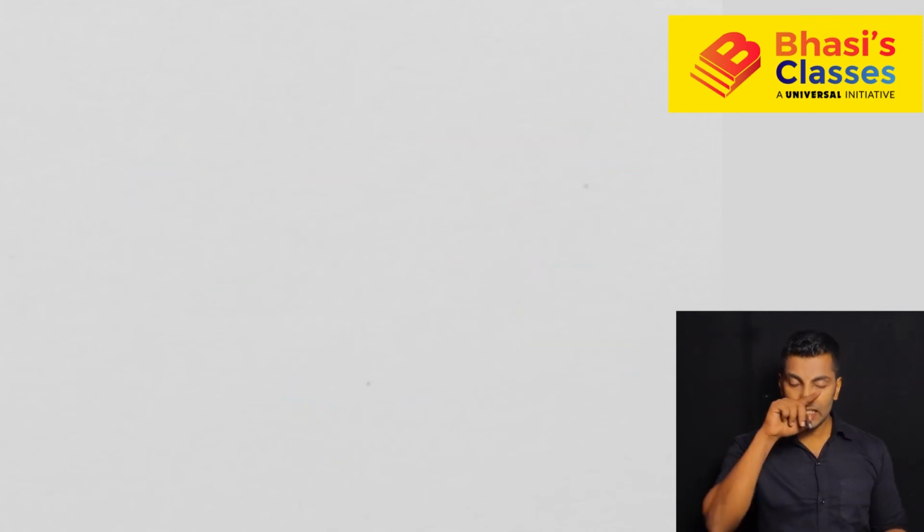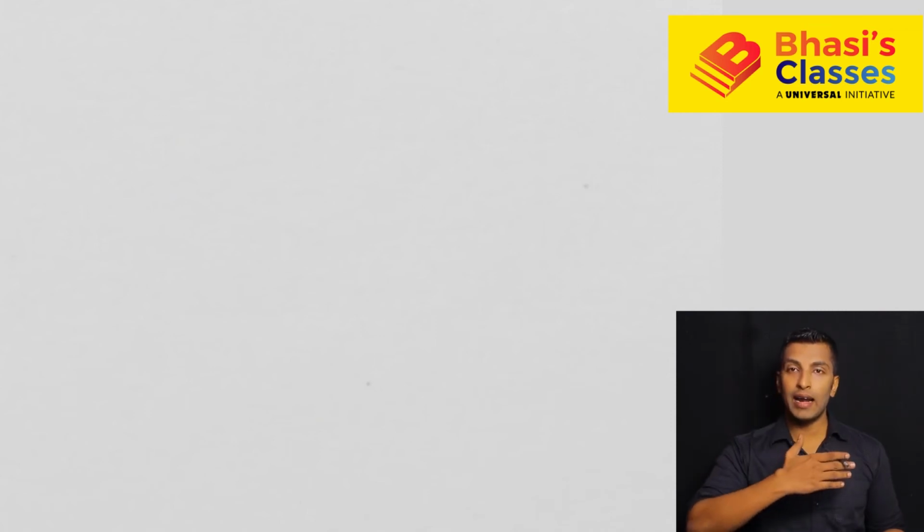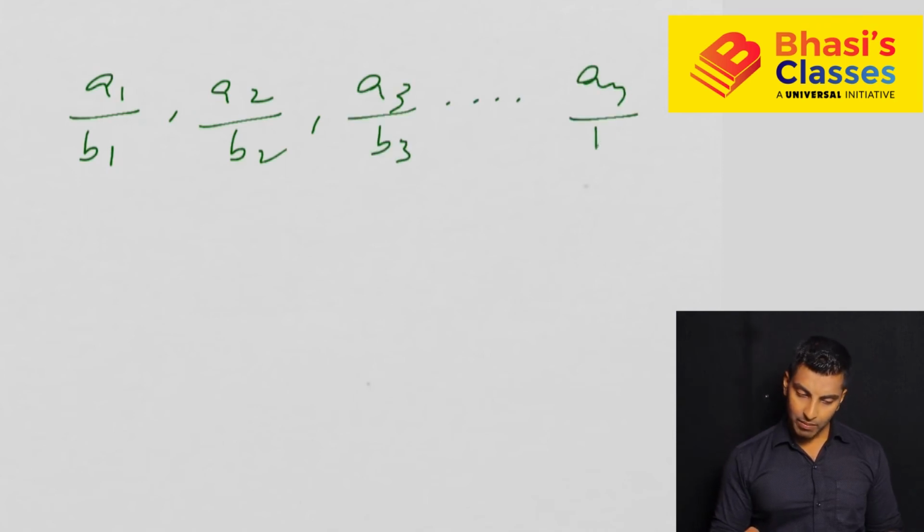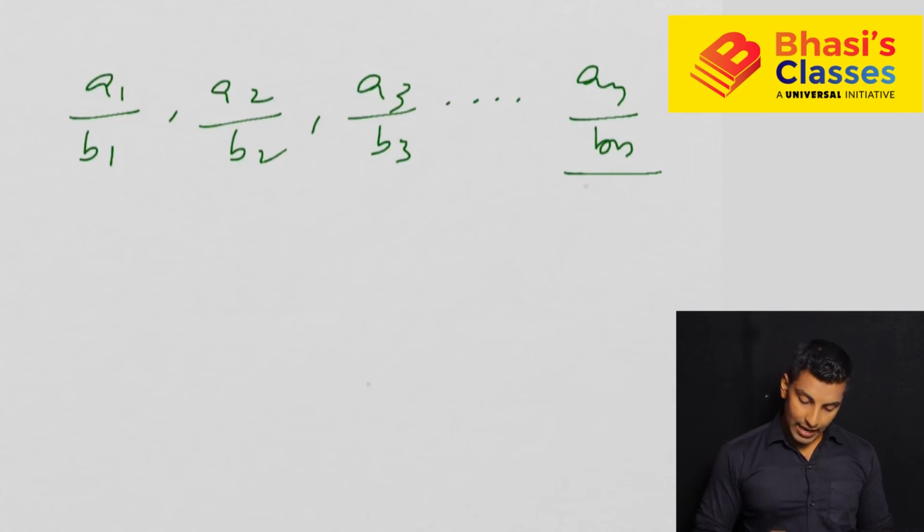Now another property is, see, if you have some unequal fractions, like some ratios, all are not equal, like a1 by b1, a2 by b2, a3 by b3, up to an by bn, and these are unequal fractions.